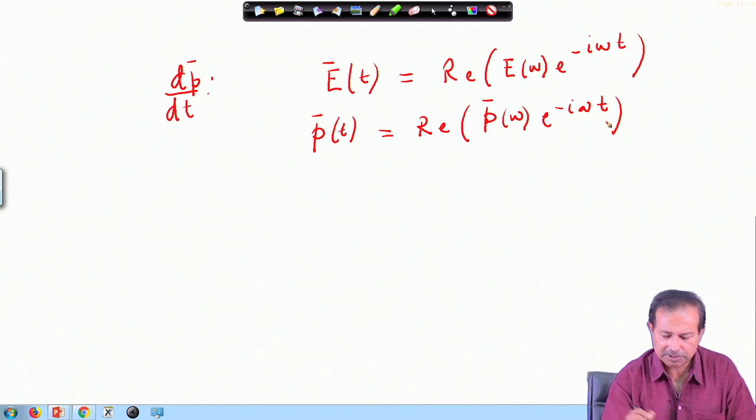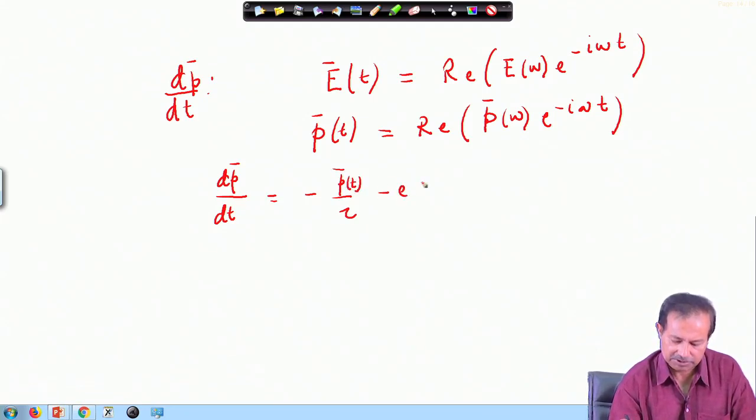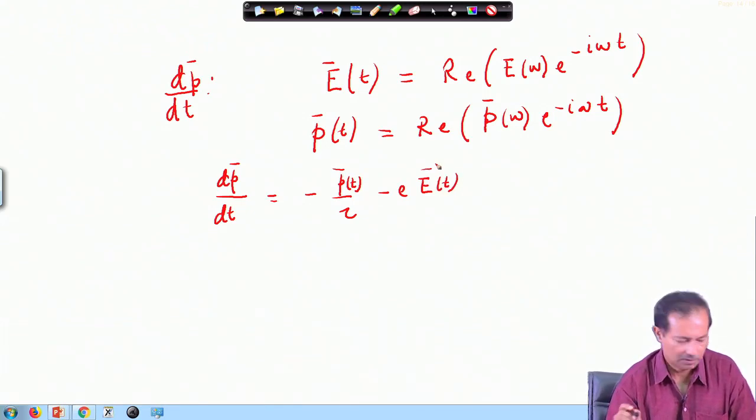Now, of course, what I can do is simply substitute these two complex representations of the field and the momentum in this equation, the one that I have been writing, dp dt equal to minus p by tau minus eE.